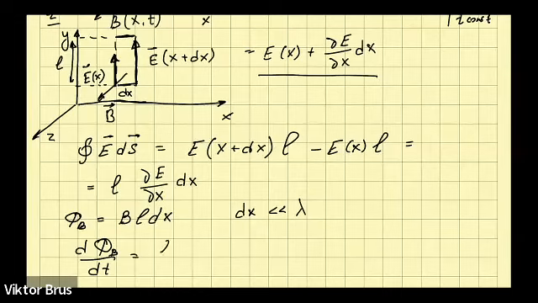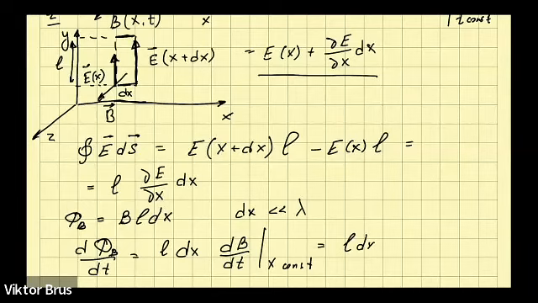So that will be L times dx times the first derivative of the magnetic field over time at x constant, at fixed position. So obviously that can be expressed as length times dx times the partial derivative of the magnetic field over position.